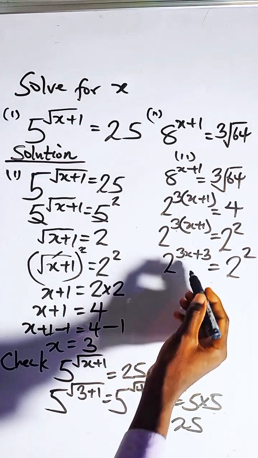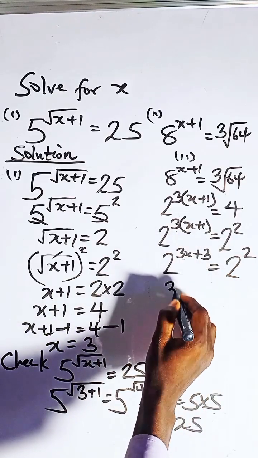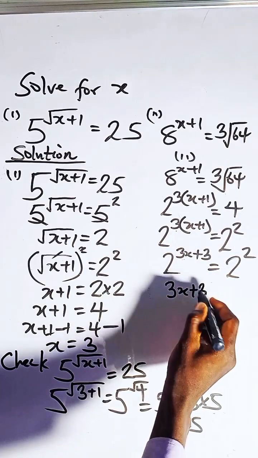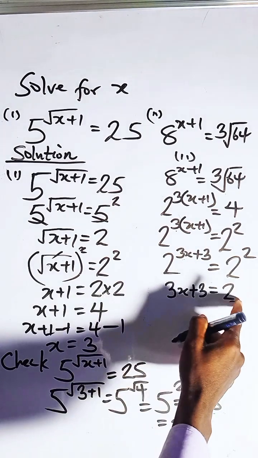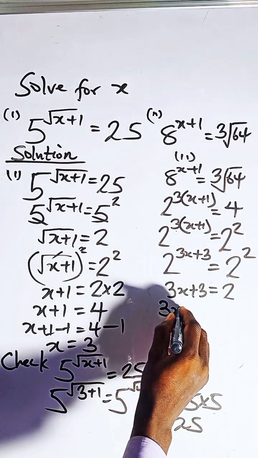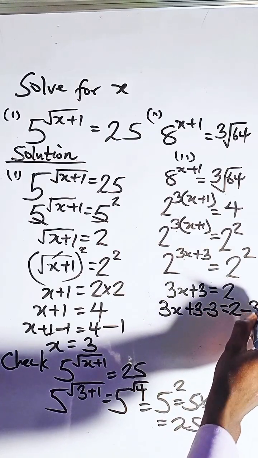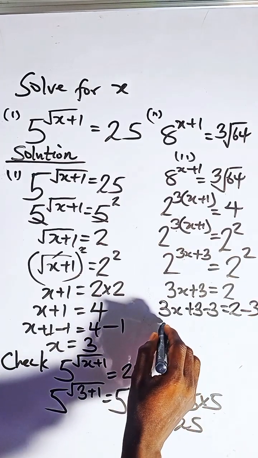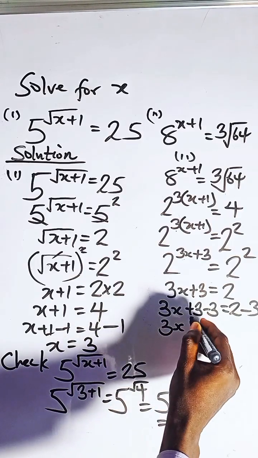So from here we have the same base, so let's equate the powers. We have 3x plus 3 equals 2. What do we do next? We subtract 3 from both sides of the equation. So we have 3x plus 3 minus 3 equals 2 minus 3. Here we have 3x, and plus 3 minus 3 gives 0.